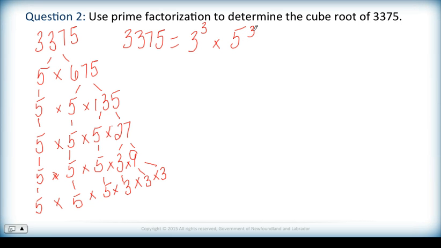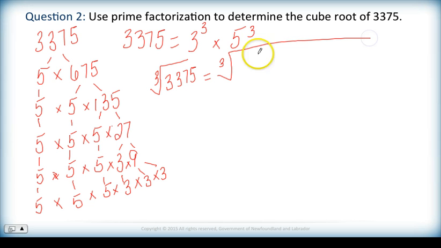Keep it in mind, if you want to determine if a prime factorization is going to be a cube root, you need 3 equivalent groups. Can we do that? Yes, we can. So the cube root of 3,375 is going to equal the cube root of our 3 equivalent groups.